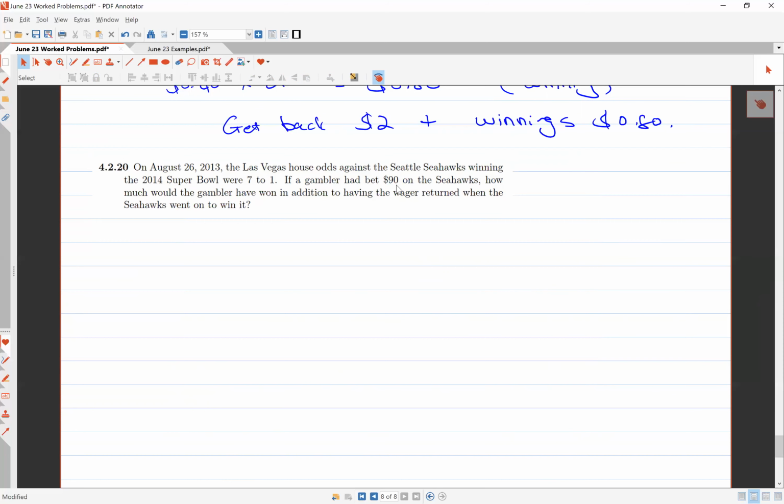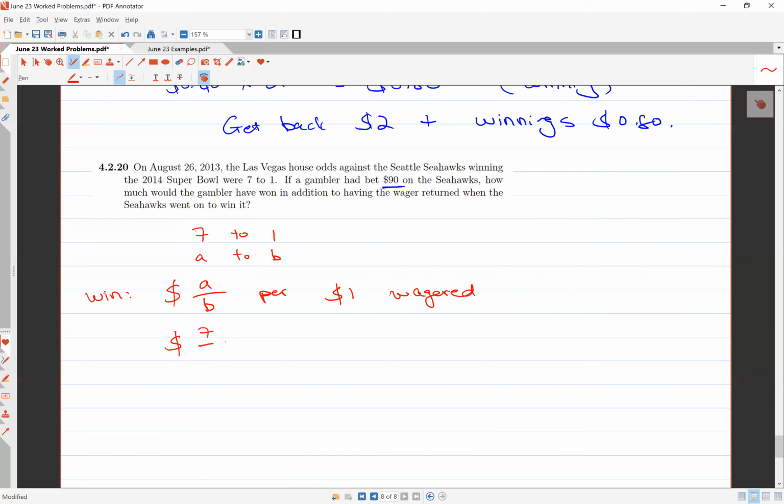If a gambler bet $90 on the Seahawks, how much would the gambler have won in addition to having their wager returned? Because the Seahawks went on to win. So the odds against are 7 to 1, which means you would win A over B dollars per $1 wagered. Now in this case, this would be 7 over 1, or wow, $7 for every dollar that you wagered.